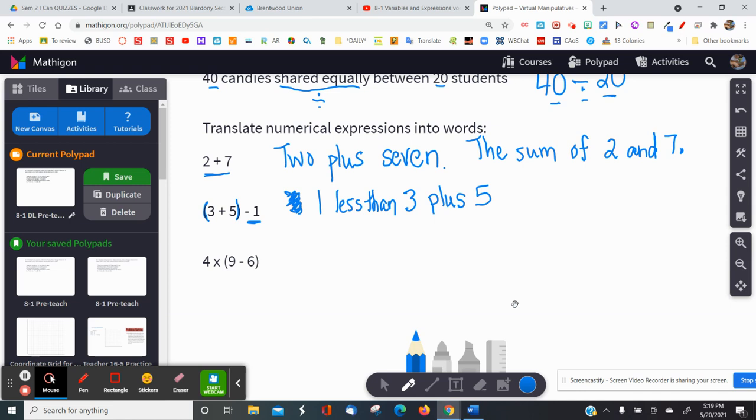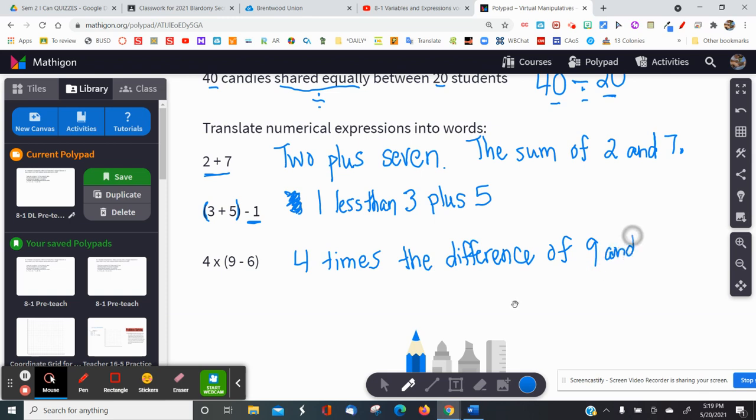I see 4 times 9 minus 6. So I'm going to say the word difference, because 9 minus 6. So I'm going to write out 4 times the difference of 9 and 6.